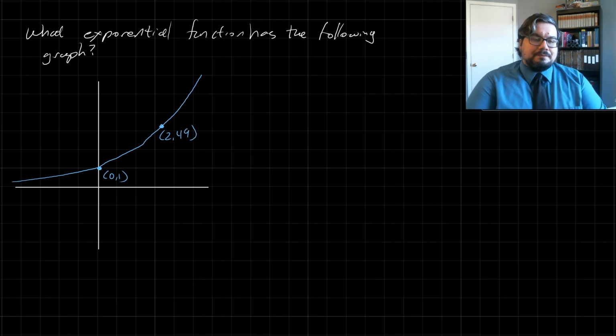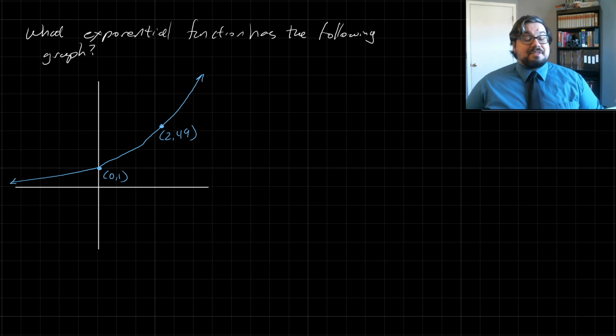Well, on this one, we can't say that it's not an exponential function. It certainly looks consistent with the general shape of exponential functions. It's got the right y-intercept, but we can't immediately read off the base of the exponential because we don't have the point 1 comma something in the graph, or negative 1 comma something labeled in the graph.